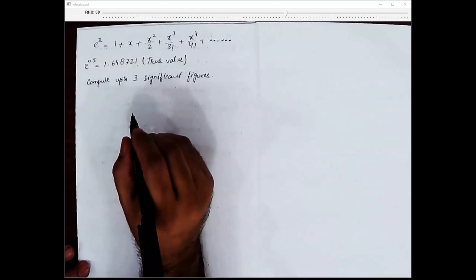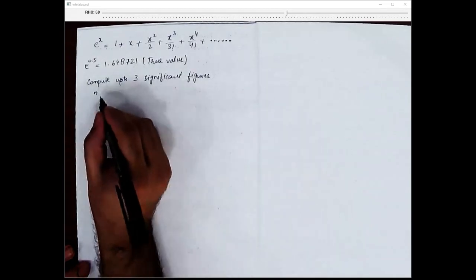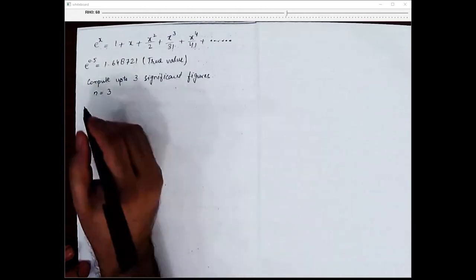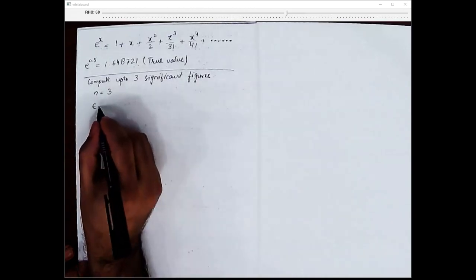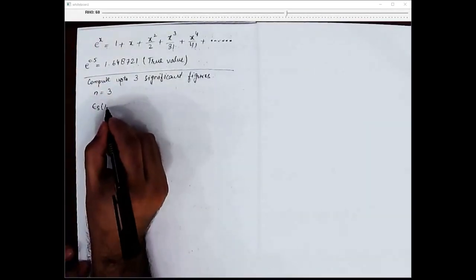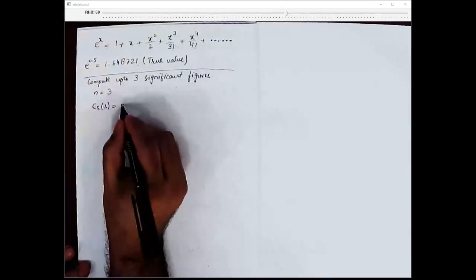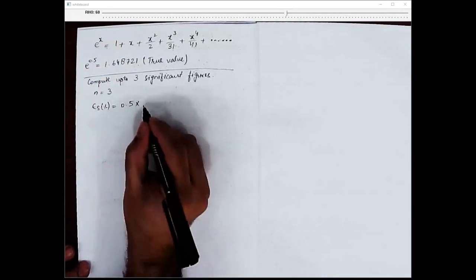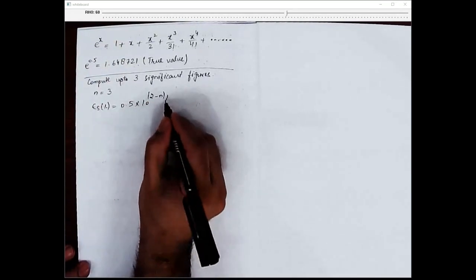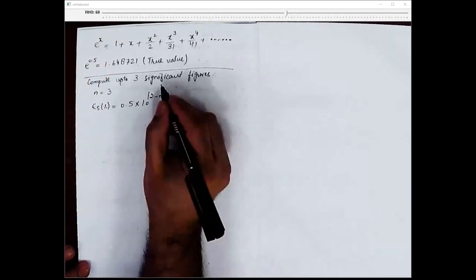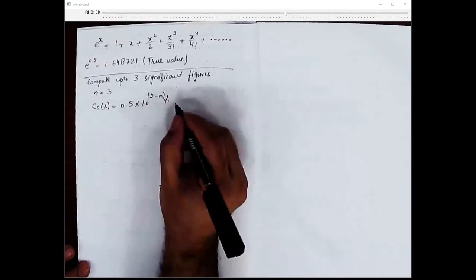Okay, so in this case I know that n equals 3, and this will help me to compute the threshold or the error tolerance. So this one is 0.5 times 10 raised to power 2 minus n percentage. This is the formula which links the number of significant figures to the error threshold.